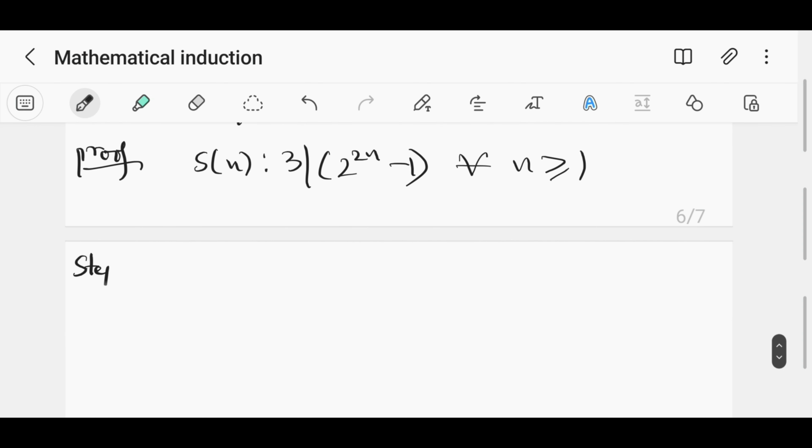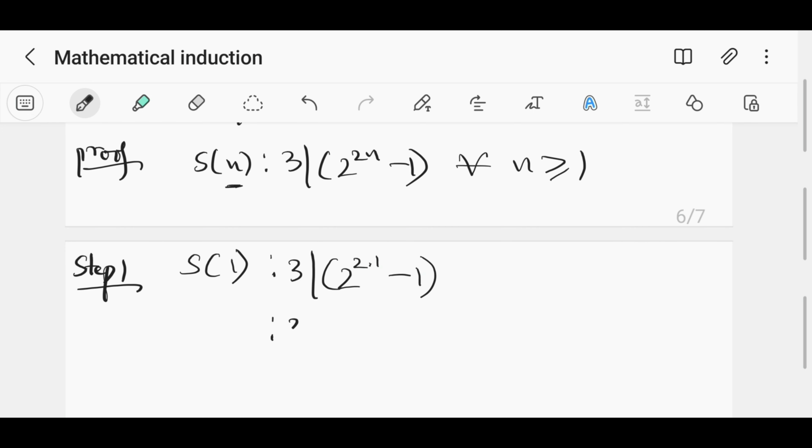So what is step 1? Step 1, I told you, in place of n substitute 1, S of 1. So that is: 3 divides 2 to the power 2 into 1 minus 1. What is 2 into 1? That is 2 only, minus 1.